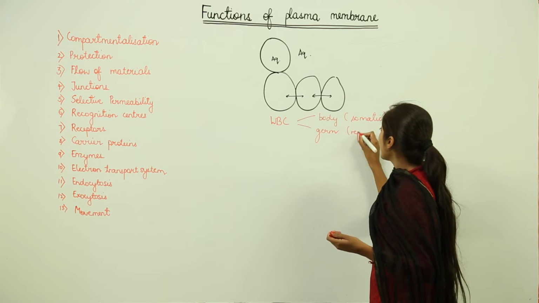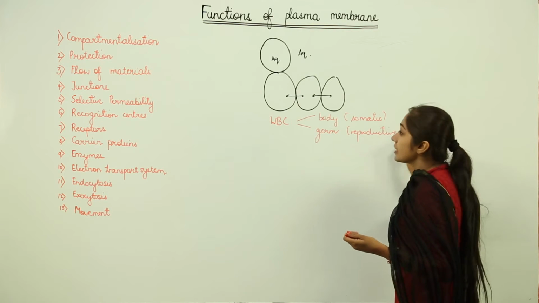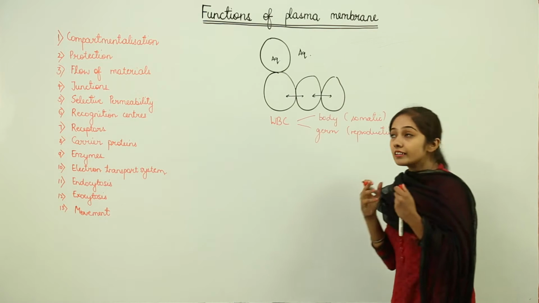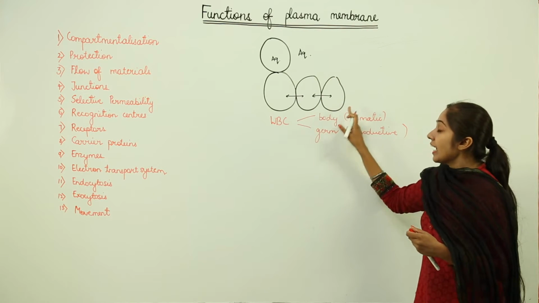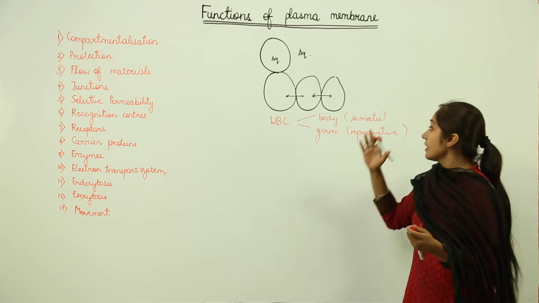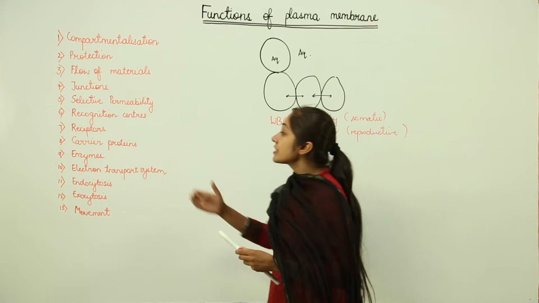How can they actually make out the difference? Well, they can make out the difference because of the recognition centers or certain substances that are there on the membrane, right, and they recognize that certain substance and can make out the difference between the somatic cell and the reproductive cell, right. Then we have receptors.